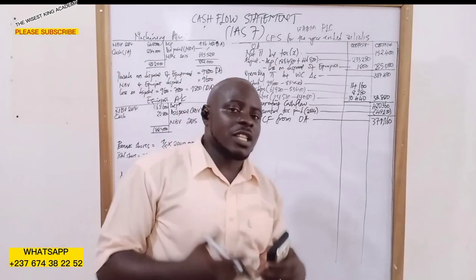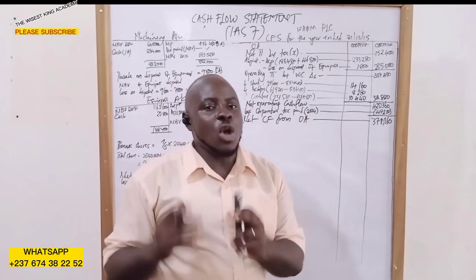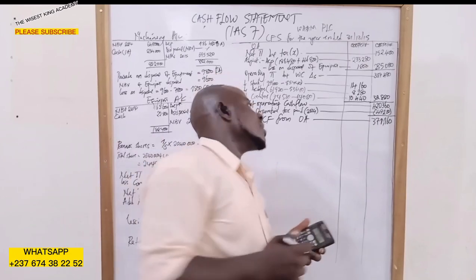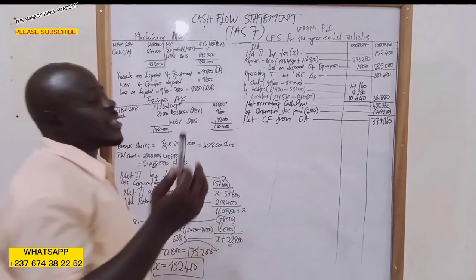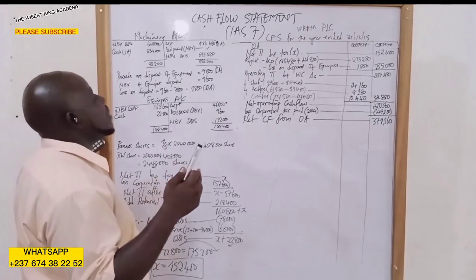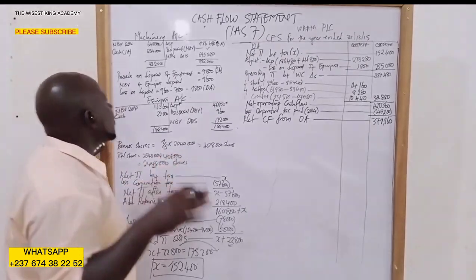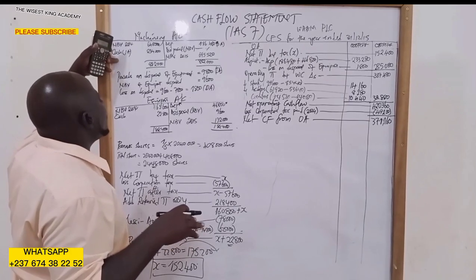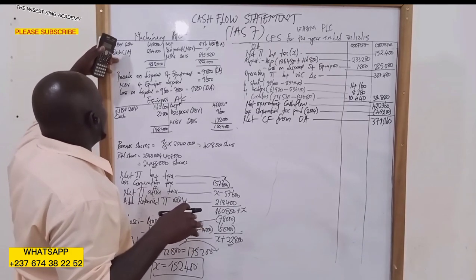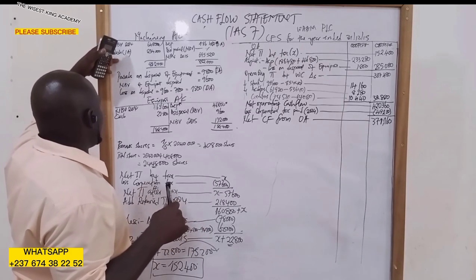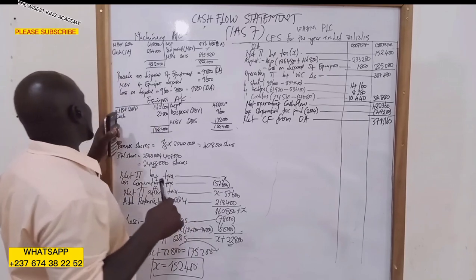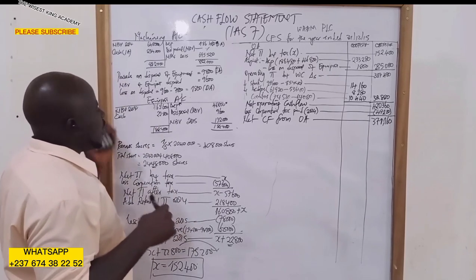Remember, in investing activity, we are looking at movement in non-current assets. There are three of them: land and building, plant and machinery, and equipment. In land and building, there was no movement. In plant and machinery, there was a purchase, and in equipment, there was a purchase and a disposal.